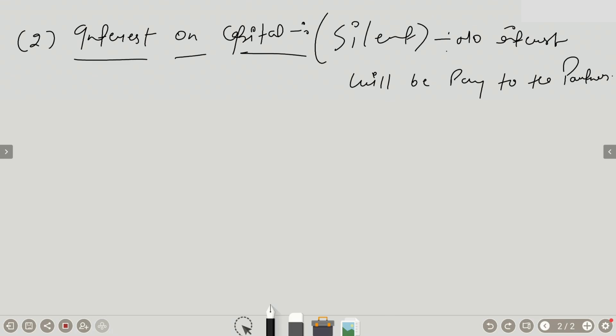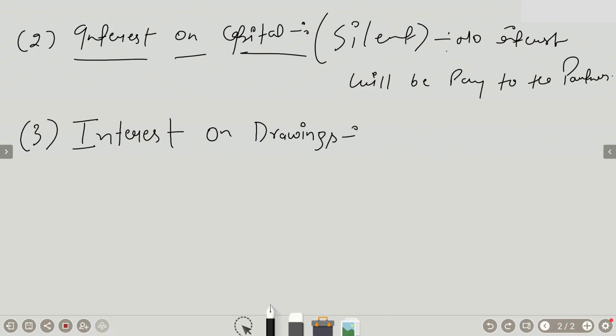Number third is interest on drawing. If interest on drawing is not written in the partnership deed, no interest on drawing will be charged by the partners.